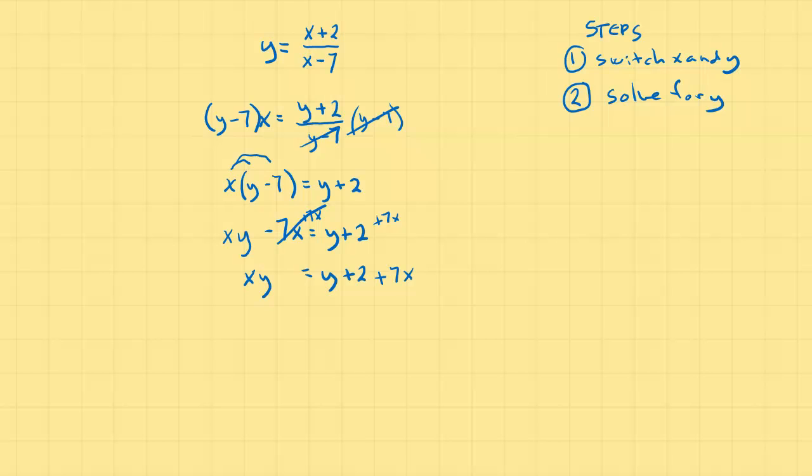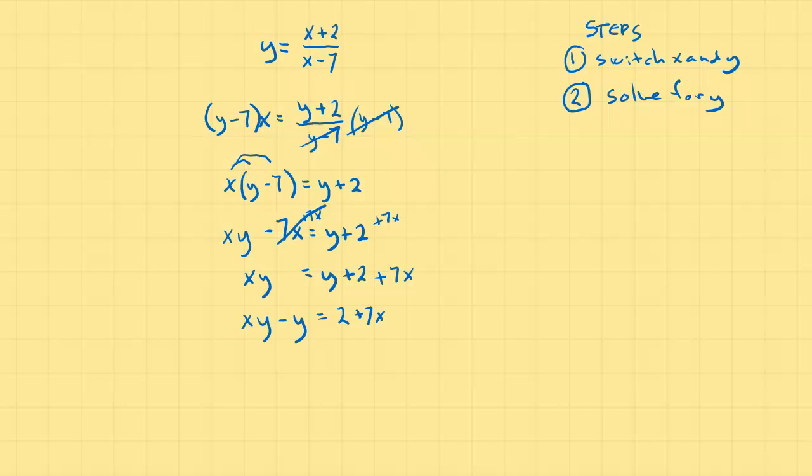That's what we wanted to have happen. Okay, good. Now, we want to get this y over to the left side of the equation, okay, and I'm going to subtract it from each side of the equation. So that would give us xy, take away y, is equal to 2 plus 7x.